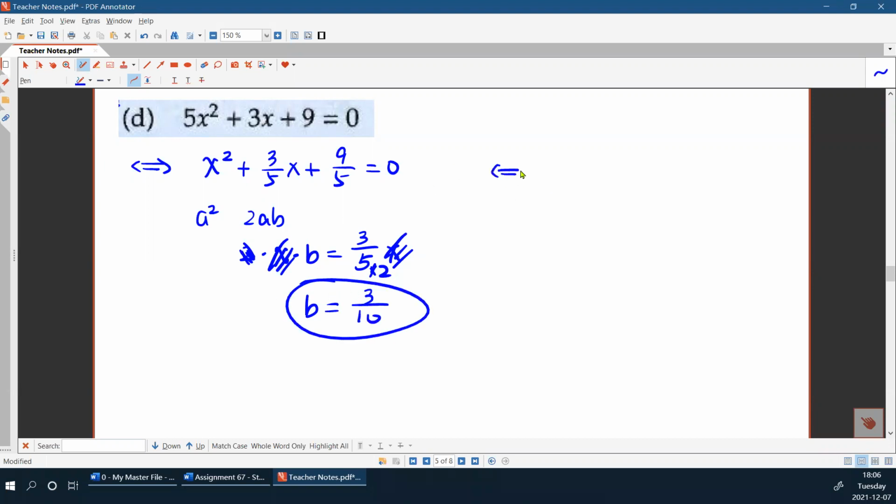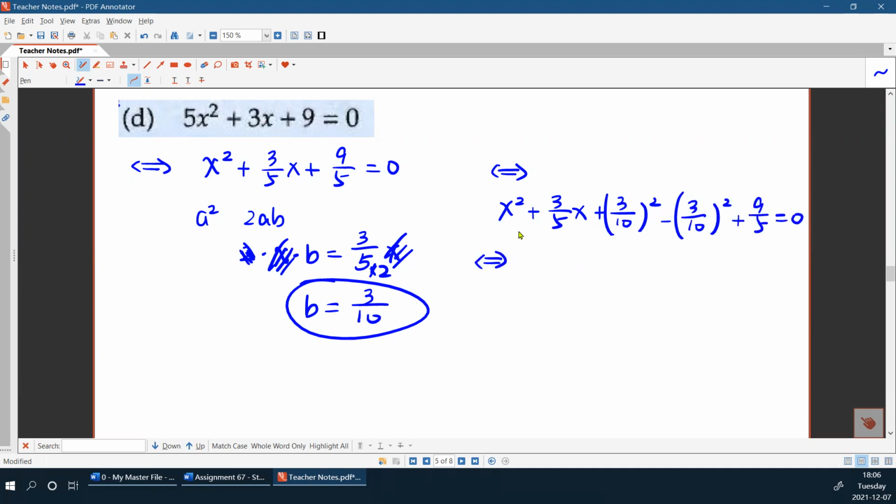Okay, so this is equivalent to x squared plus 3 over 5x, then we add (3 over 10) squared, which is b squared, and subtract it because it does not exist in the original. And then copy the rest of the equation.